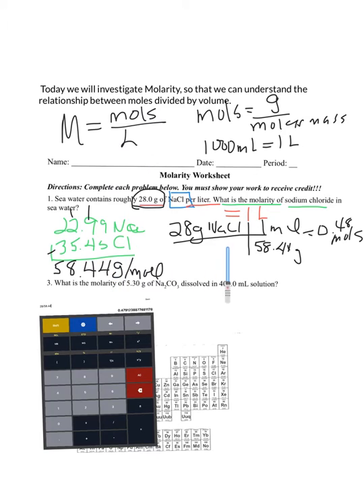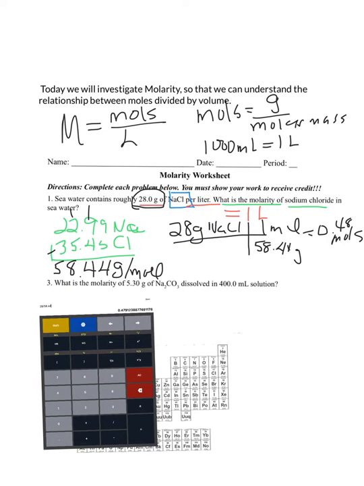So we just converted the number of grams to moles, dividing by the molar mass, which gave us 0.48 moles. And like I said, the fact that it said per liter tells us for every 1 liter. So even though it doesn't give us a very specific volume, it tells us the volume right here where it says per liter.